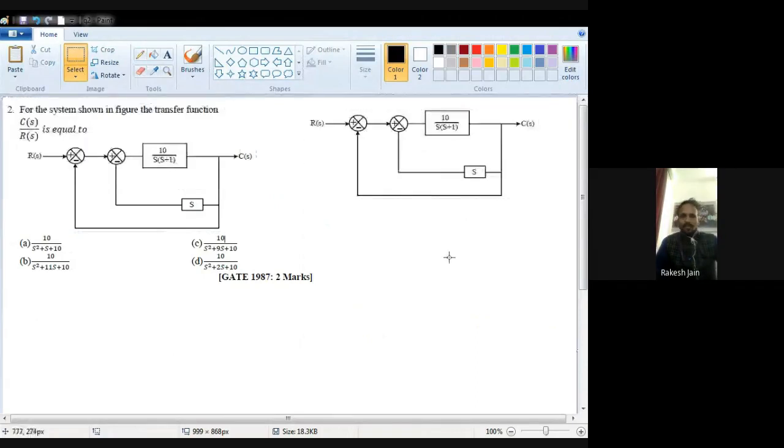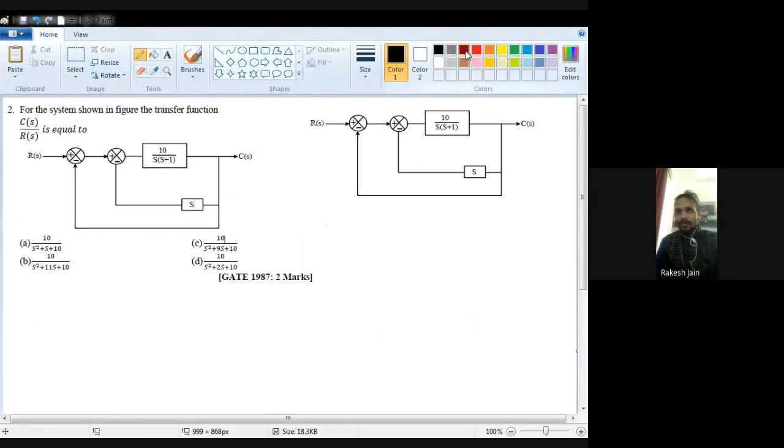Now see, this is a block diagram representation and I have to find out the transfer function C(s) upon R(s). So first of all, when I see this question, as per this 6th rule which I have already taught you via PPT method, how to solve the block diagram reduction. So see, there is a feedback, the inner feedback.